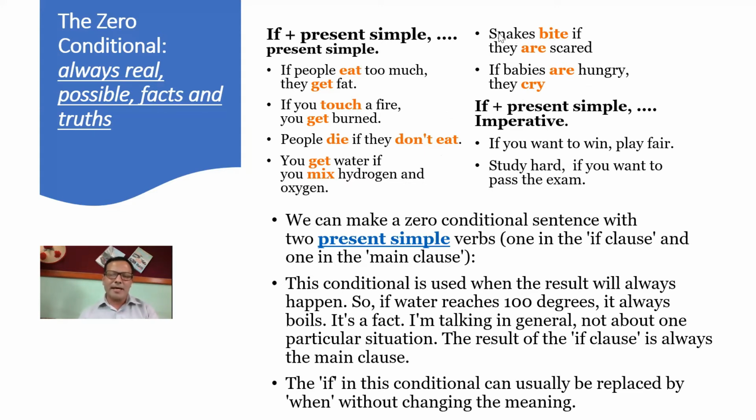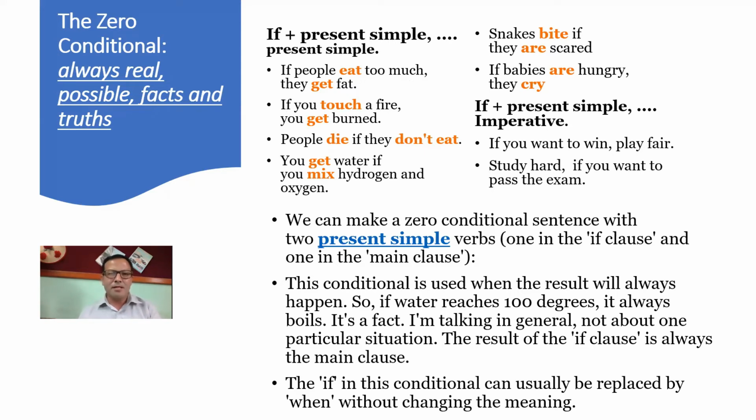In all these examples, we can see both the clauses are in present simple tense, the if clause as well as the main clause. So this is known as type 0. In type 0, we generally use conditionals which express real and possible conditions, or let's say facts and truths. In all these examples, these sentences talk about real, possible conditions, which are fact and truth.